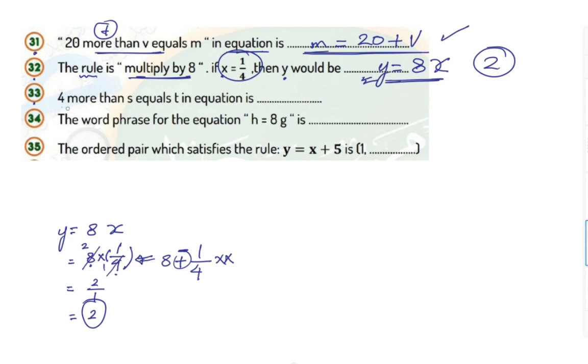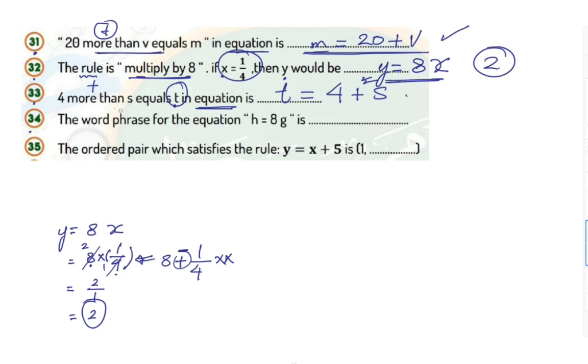33. 4 more than s. What's the meaning of 4 more than s? Just 4 plus s equals t in equation. Start with t: t equals 4 more than s. Finished. 34. The word phrase for the equation. That's the opposite operation.